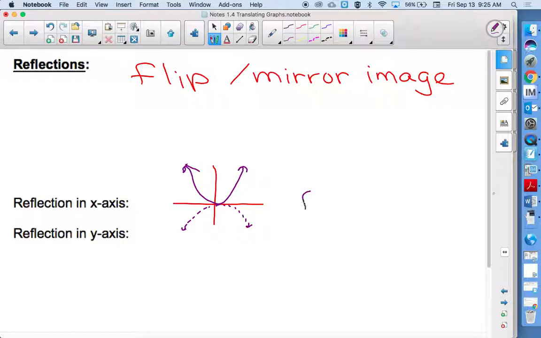That happens when your function becomes negative, because really you're making the y values negative. I had positive y values. A negative f of x is the same thing as saying a negative y. So now I have negative y values. So my original function becomes negative, or my y values become negative. That's a reflection in the x-axis.